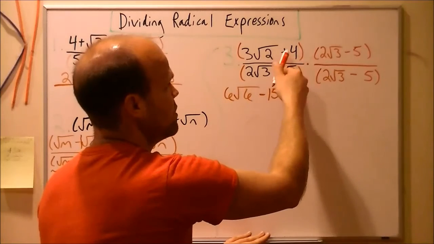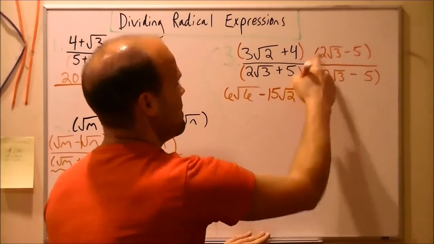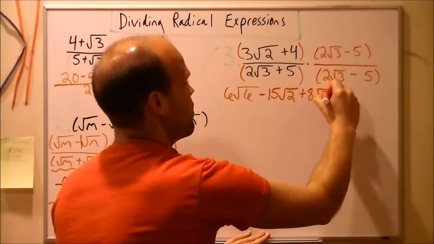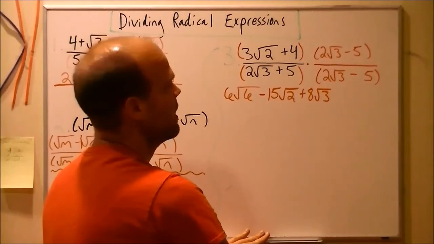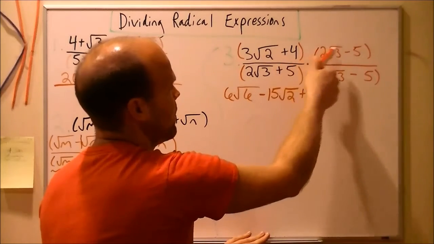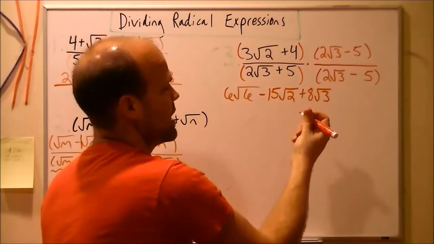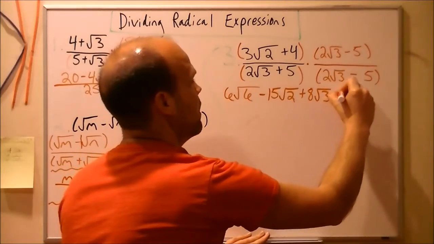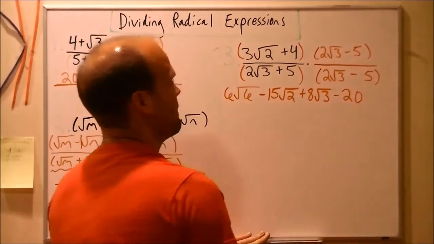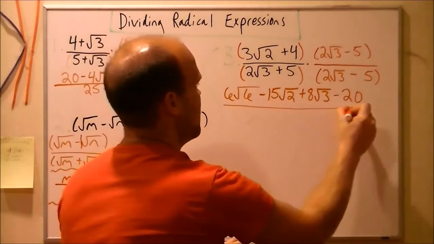Multiply the two whole numbers, keep your sign, plus 8. I have no other square root to multiply, so I just keep my square root of 3. And now I multiply just two whole numbers, no square root at all in this one. Positive 4 times negative 5 is negative 20. So that's my whole expression added and subtracted on top.